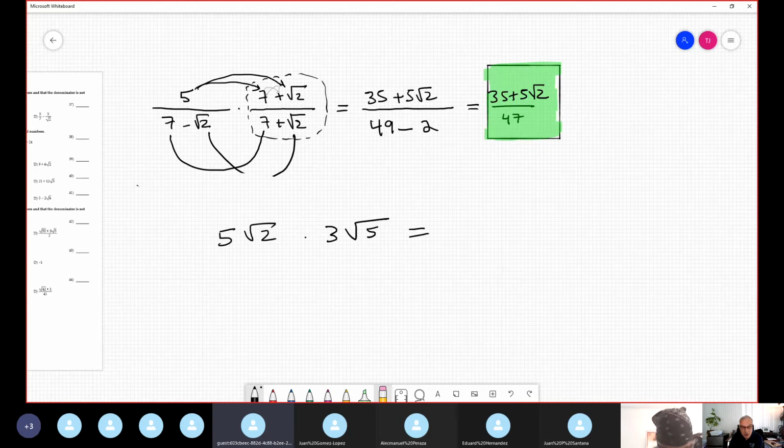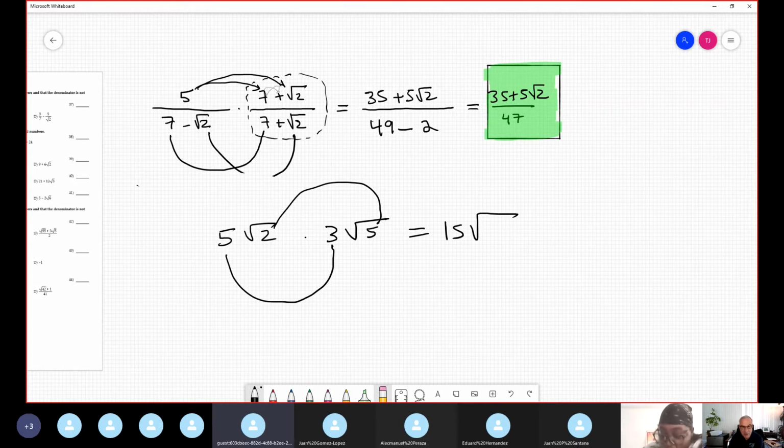Well, so you multiply only the number outside and the number inside separately, independent, because they are different category. 5 times 3, 15. And radical 2 times 5, radical 10.